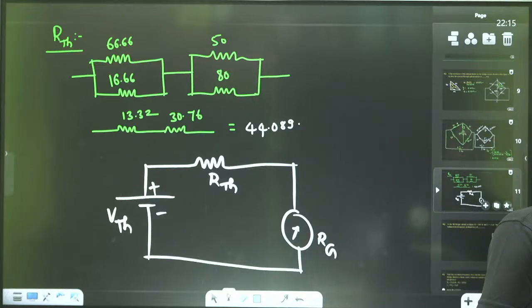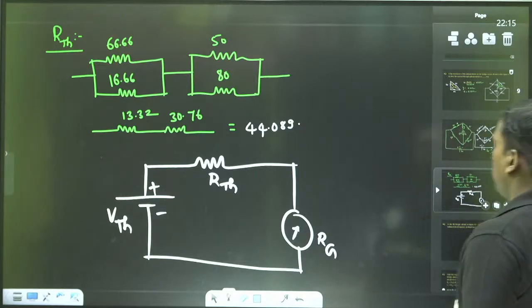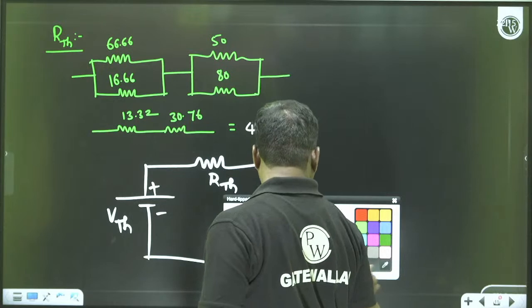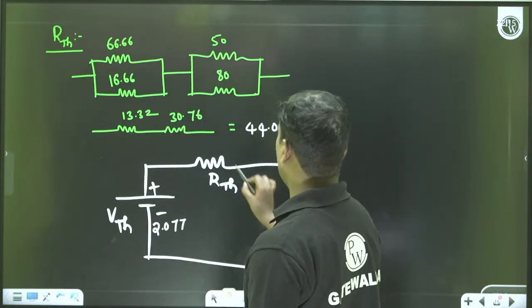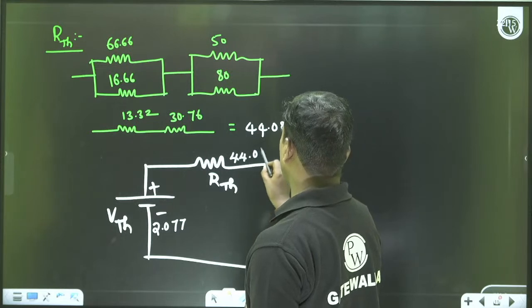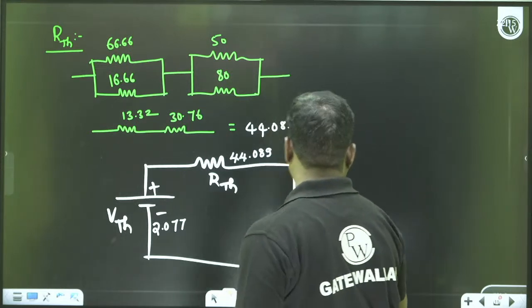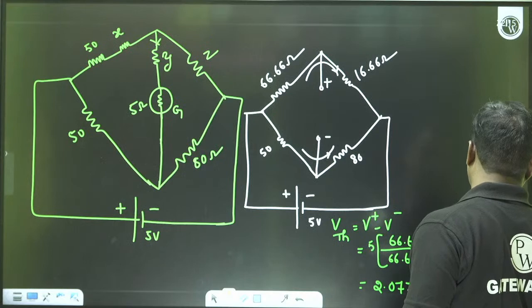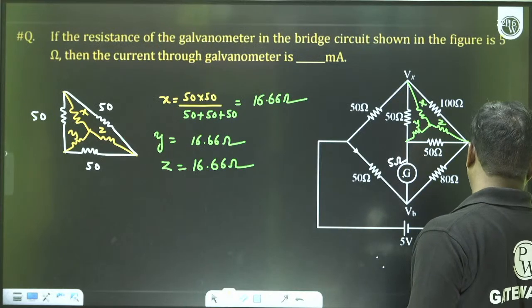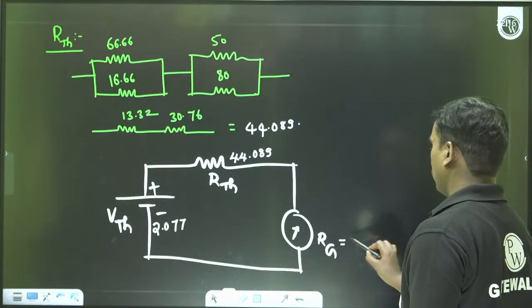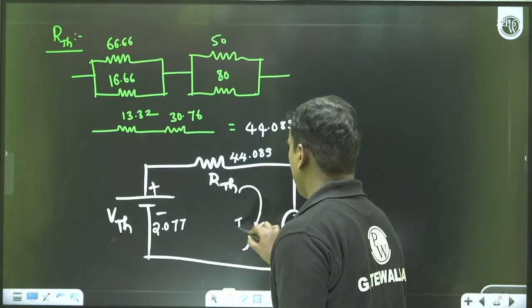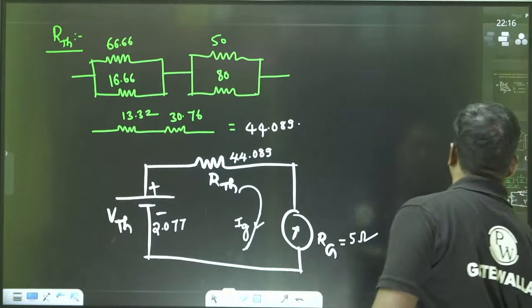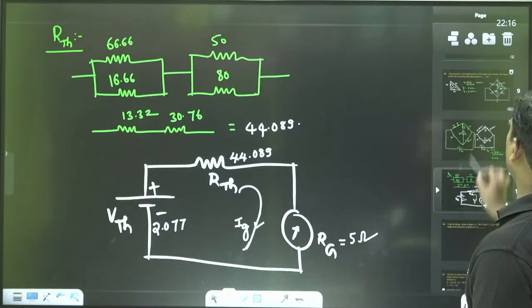V Thevenin, how much did we get? 2.077. R Thevenin we got as 44.089. R galvanometer is given as 5 ohms. So the question asked is the current passing through the galvanometer.